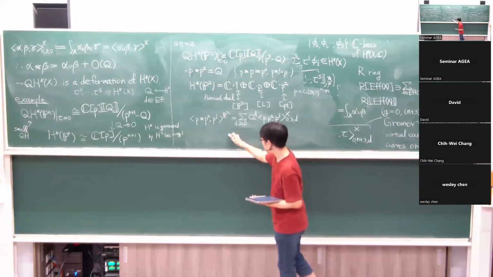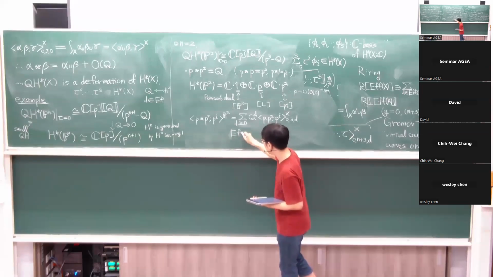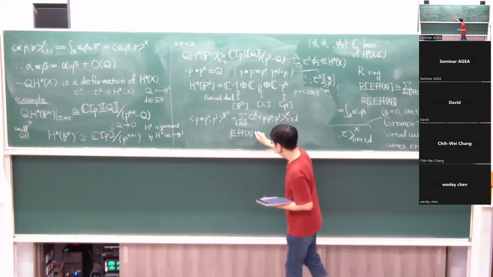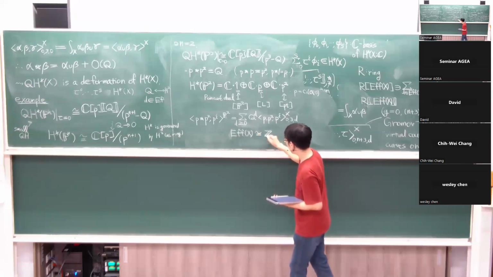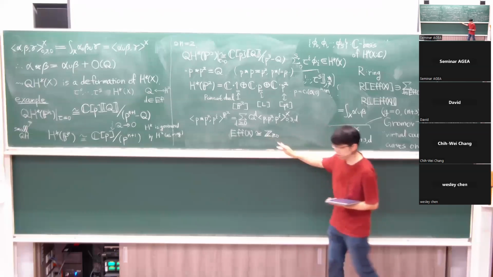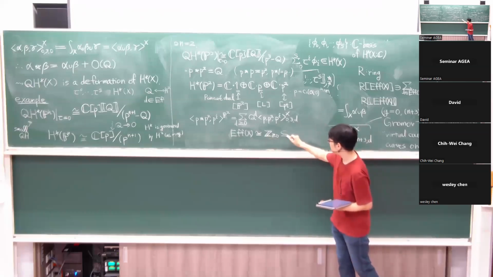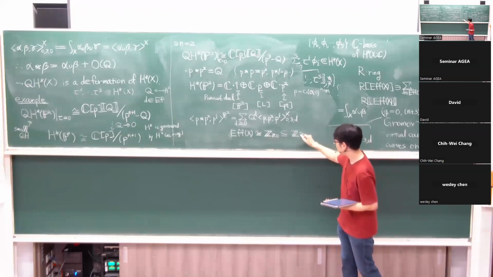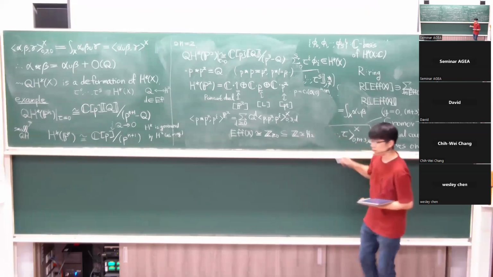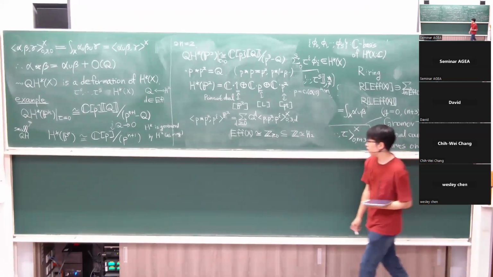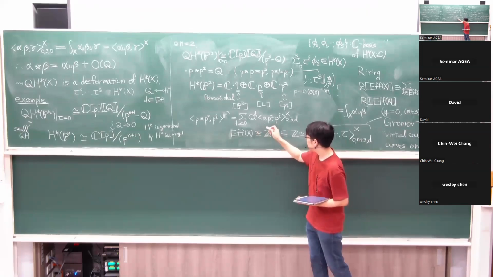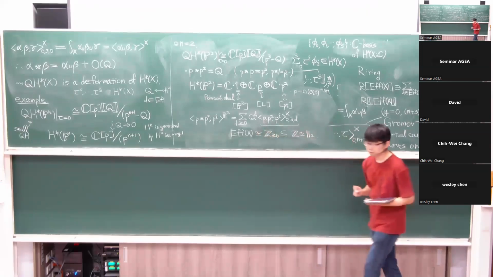Here, the effective curve class, the effective cone, can be identified with non-negative integers in R82. So we should compute these terms.